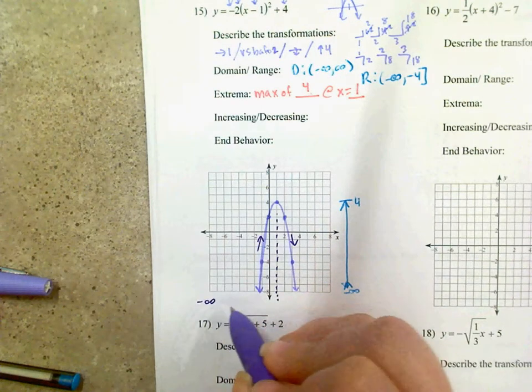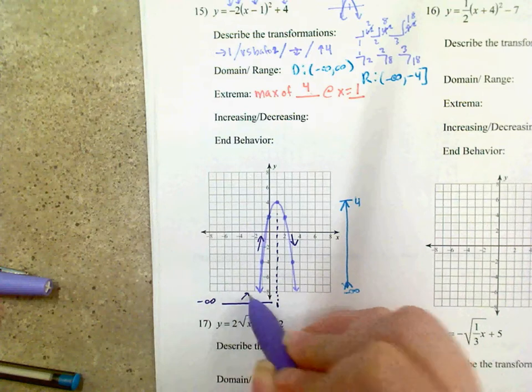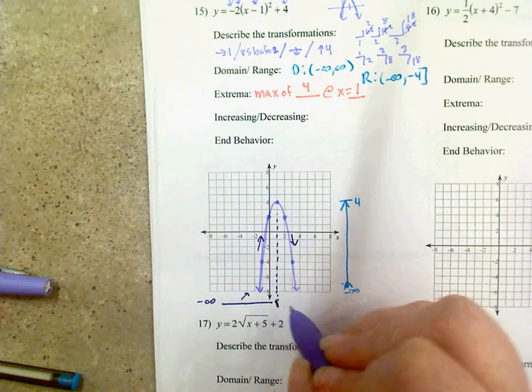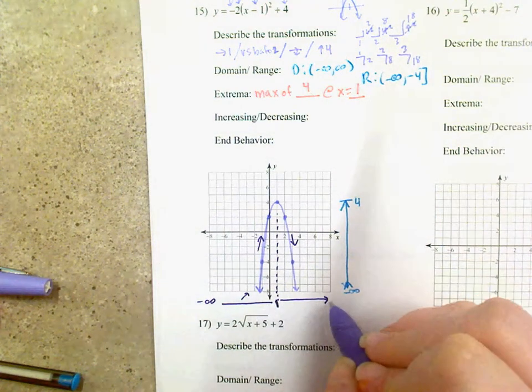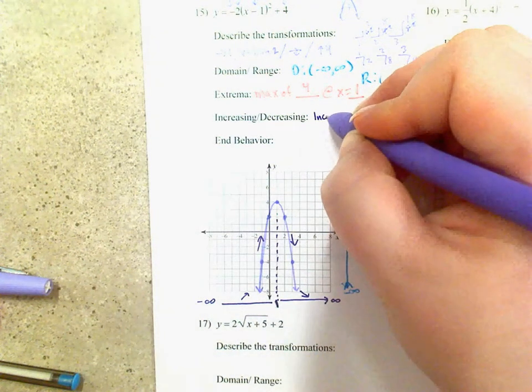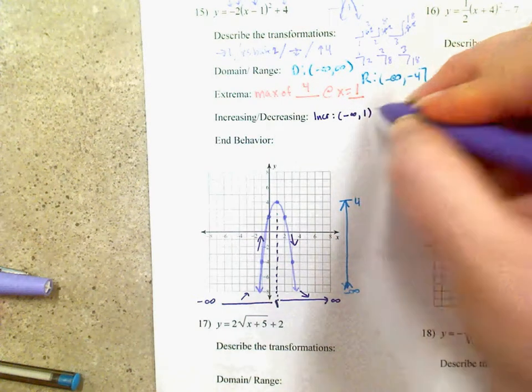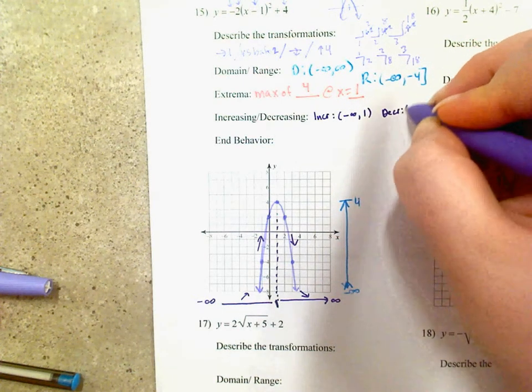From negative infinity until 1, on this whole interval, the function is increasing. And then from 1 until positive infinity, the function is decreasing. So I am increasing from negative infinity until 1, and I am decreasing from 1 to infinity.